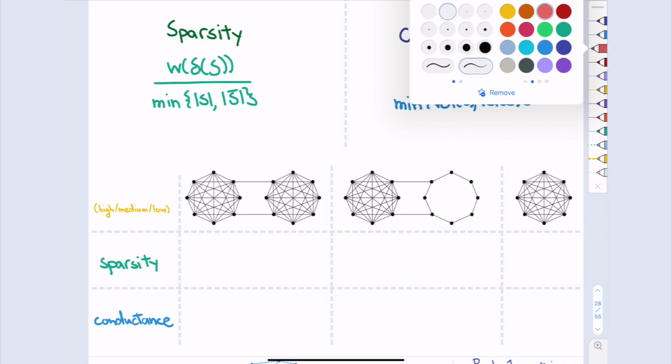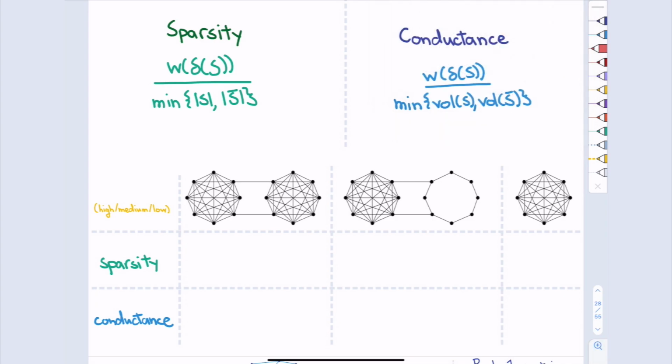All right. I'll start in the first column with sparsity. Who feels like this has high sparsity? Who feels this has sort of medium sparsity? Nice, 1. And who would say this has pretty low sparsity?